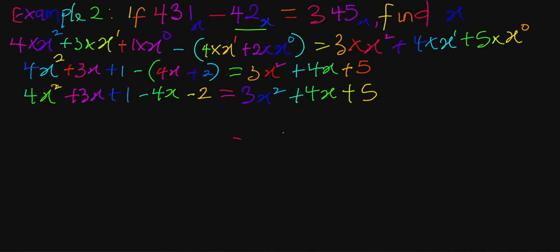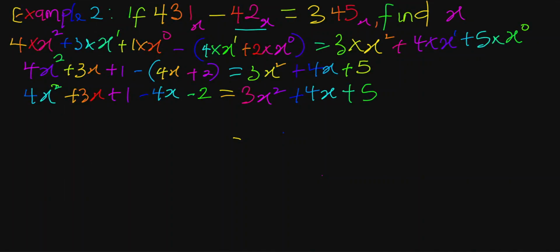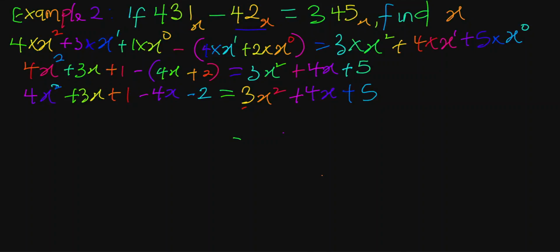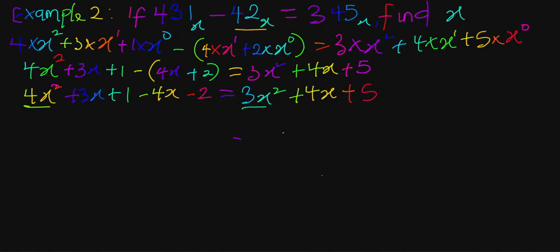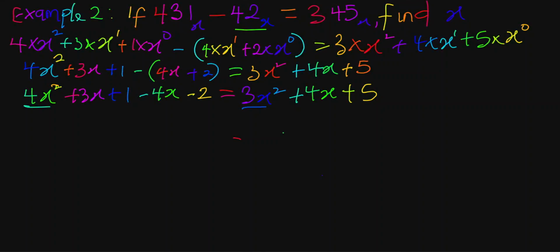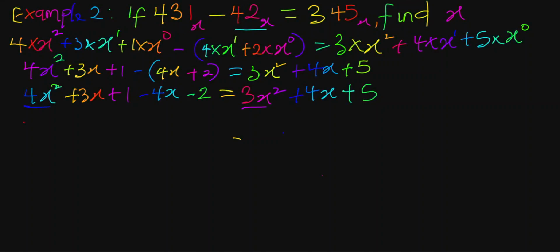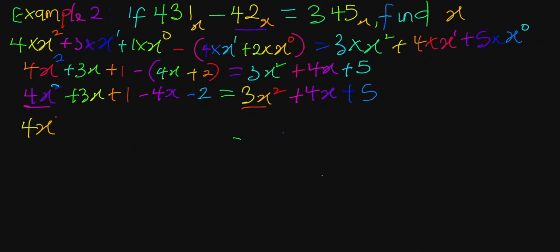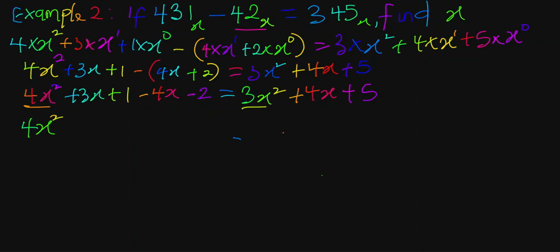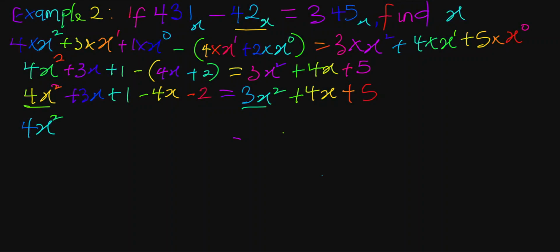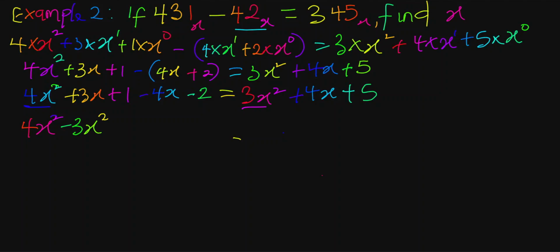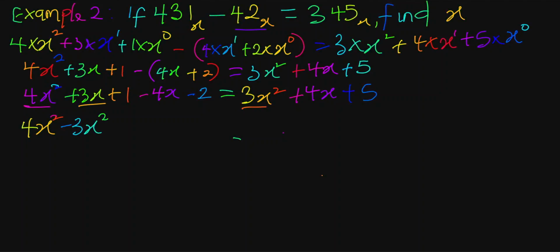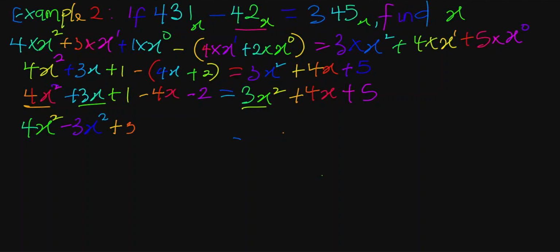Then we collect like terms from here. We have 3x squared here and 4x squared here. When 3x squared comes to the left hand side, it becomes minus. So we have 4x squared, let me do everything instead of jumping, minus 3x squared. We have 3x here, plus 3x.